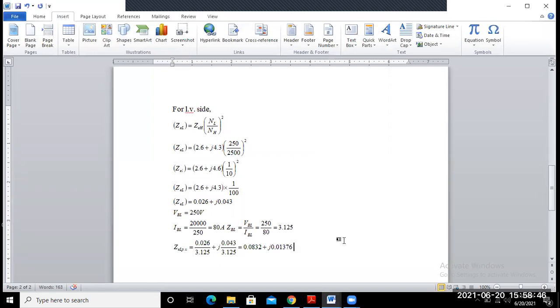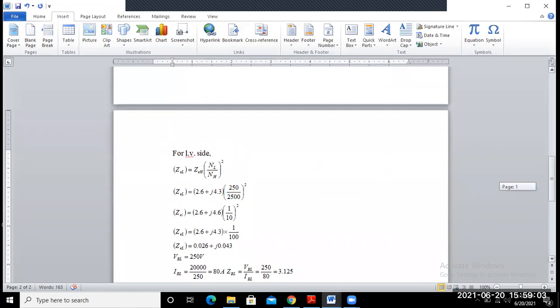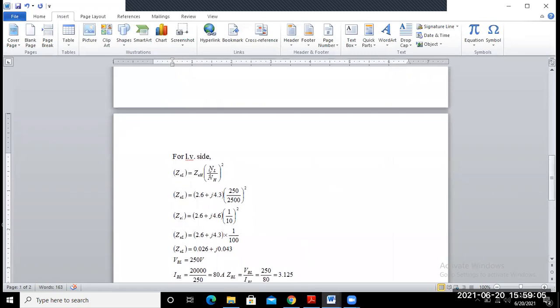So you may solve a problem this way if you want to solve some problem based on the per unit value. Here what we have done is, ZEH in ohm is already given to you, 2.6 plus j 4.3.